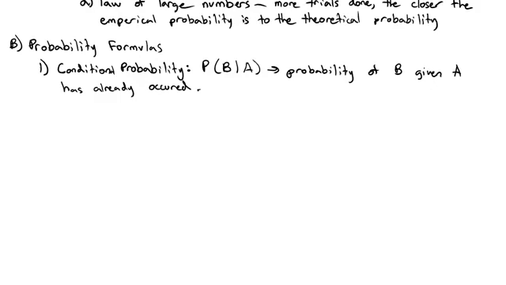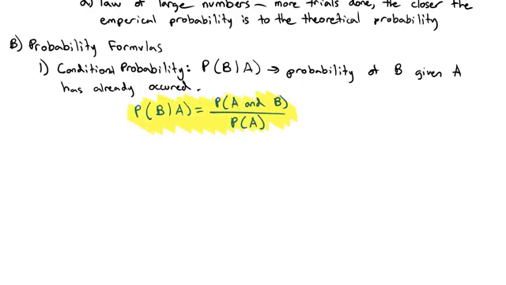That's a conditional probability where we have some information, and that's going to change the probability of B. The formula for a conditional probability is the probability of B given A is equal to the probability that both occur, A and B, divided by the probability of the given information. In this case, the probability of A.